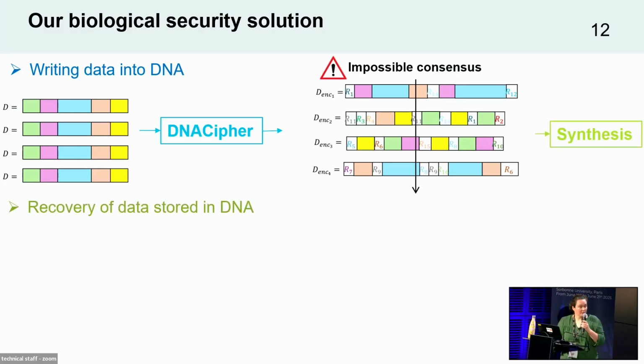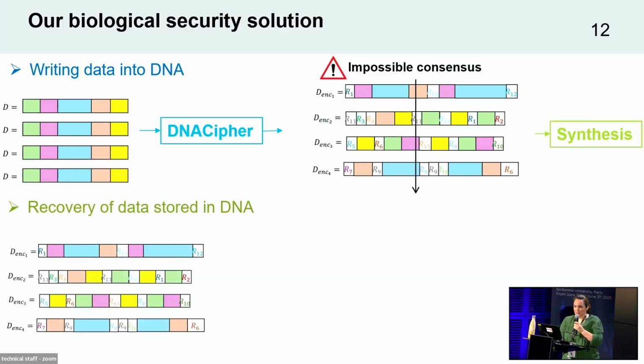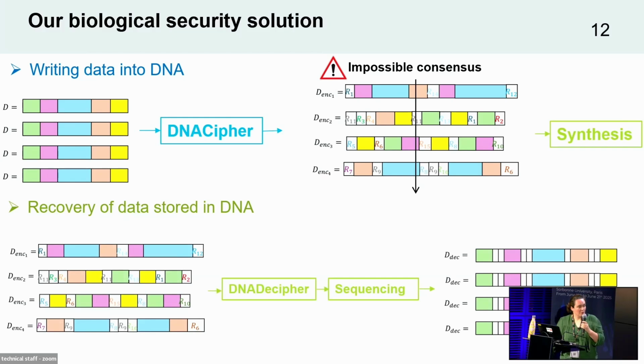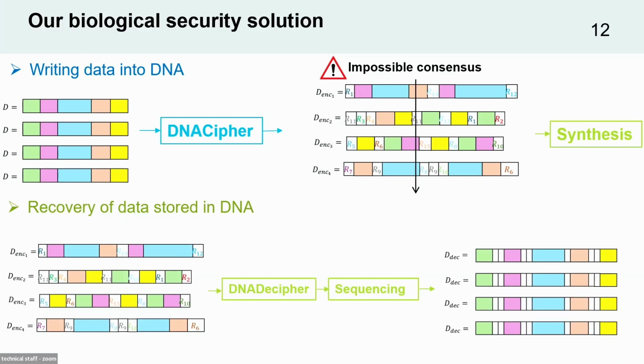And to recover data that is stored in DNA, we have these sequences as input, and we will do some DNA-Decipher, the decryption algorithm, which relies on biomolecular rotations and permutations. And after that, we do the sequencing, and we find that the sequences are aligned, and we can do a consensus.